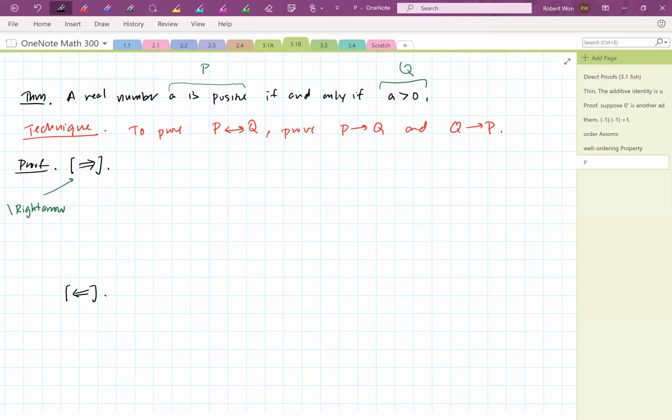Okay, so let's prove this. So let's prove if P then Q. So let A be a real number, and suppose that A is positive.